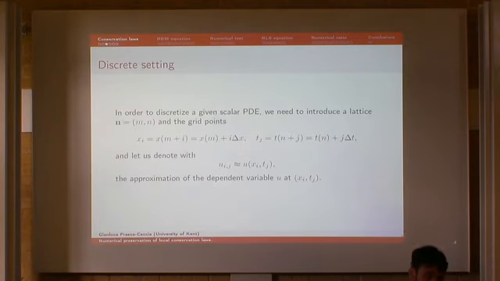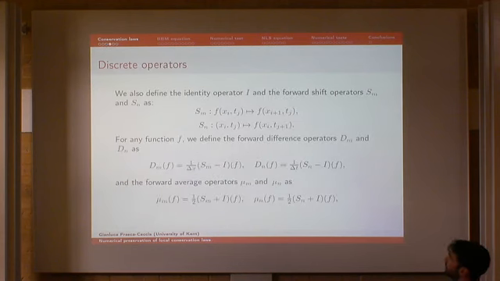First of all, if you want to discretize a PDE, the first thing that you need to do is to introduce a lattice and a grid. So we're going to denote with x_i the nodes in space, t_j the nodes in time, and we're going to consider uniform grids. So delta x and delta t denote the fixed step sizes. And u_i^j is the approximation of u at the grid points. So these are our discrete notation, which needs to include also some discrete operators.